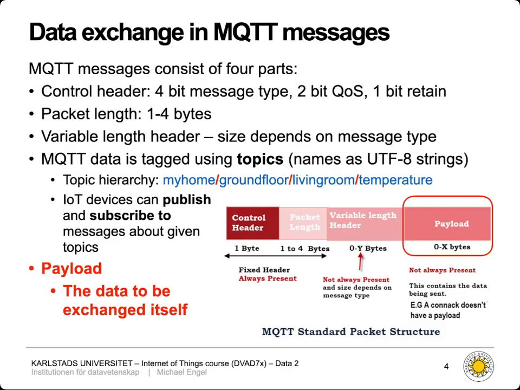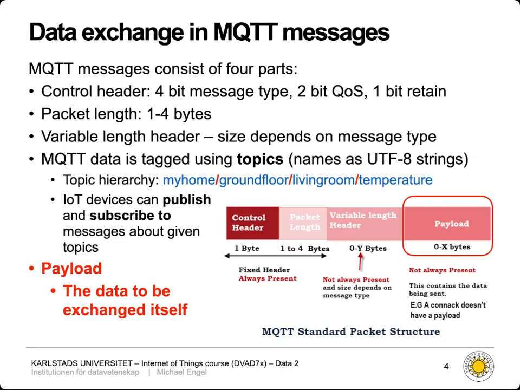So a topic in MQTT, as we've already mentioned, is just a long UTF-8 string. And this UTF-8 string, similar to a path name in a Unix system, consists of names, which are UTF-8 strings that can also include special characters or emojis or whatever. And they are sorted in a hierarchy. So we have an example here of my home.